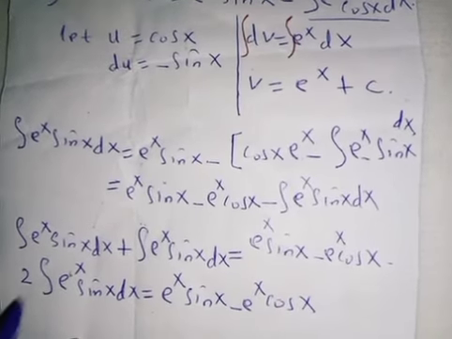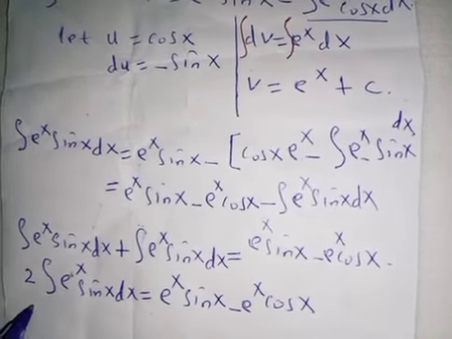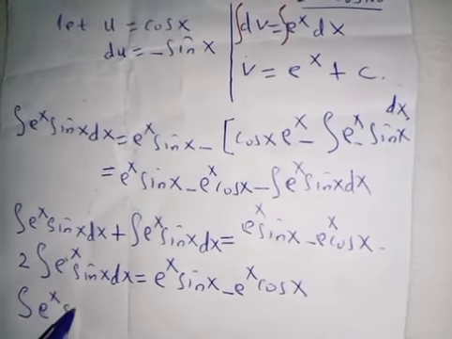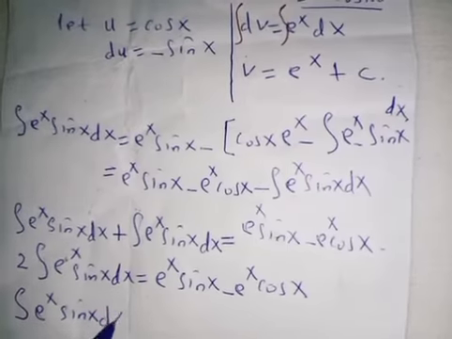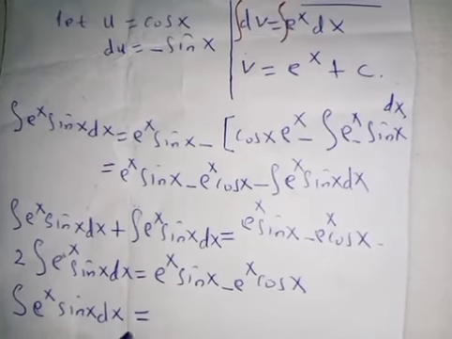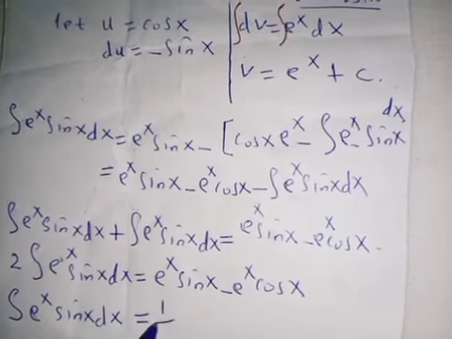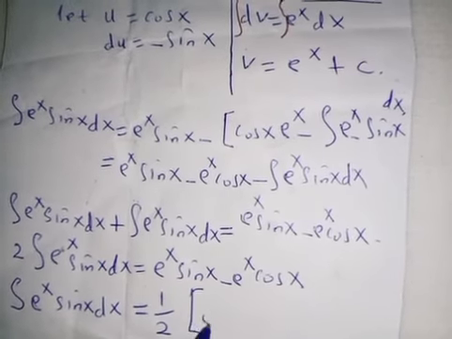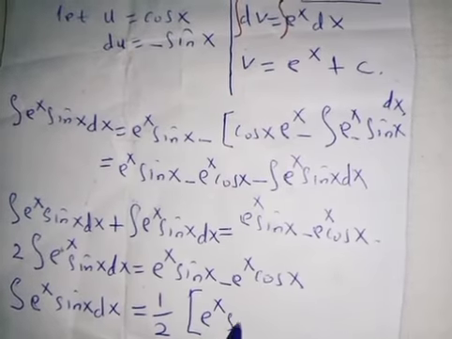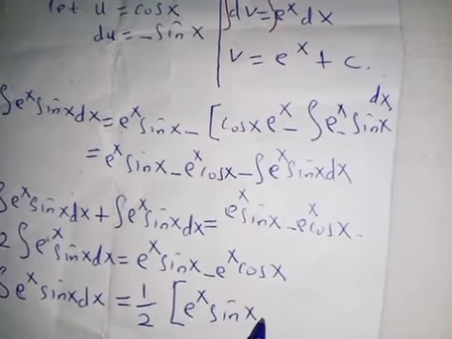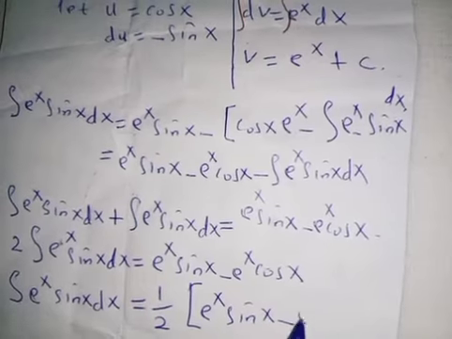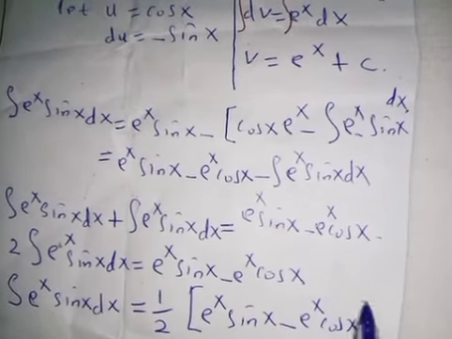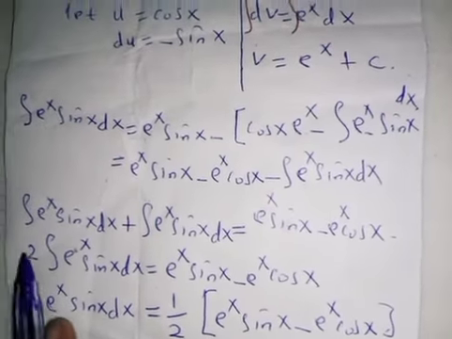Now we can divide both sides by 2 to be left with integral of exponential x sine of x dx is equal to half, dividing both sides by 2, of exponential x sine x minus exponential x cos of x. And now we have answered our question.